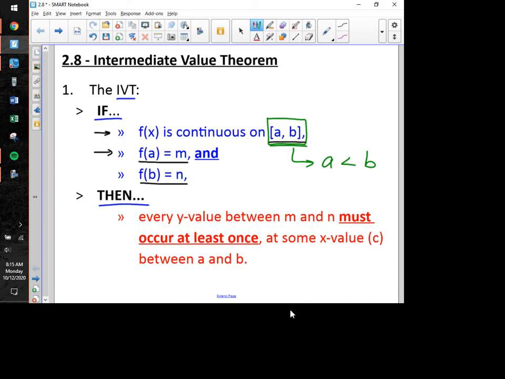You would never see an interval written such as like 5, 2. That doesn't make any sense, and that's not a valid way of writing an interval. So the a and the b are new numbers, and we're just supposed to assume that they are real numbers, and they follow this pattern that a has to be less than b.